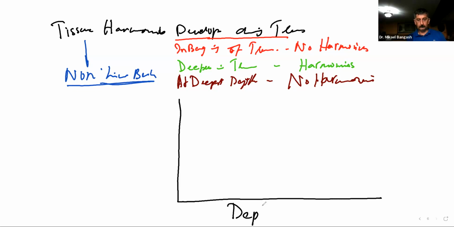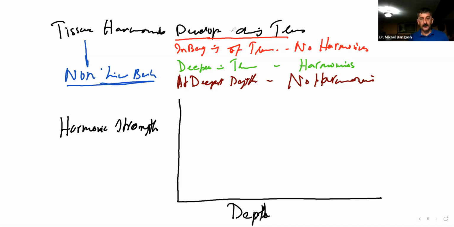Is that clear? Along the y-axis we see the harmonic strength, the strength of the harmonics.